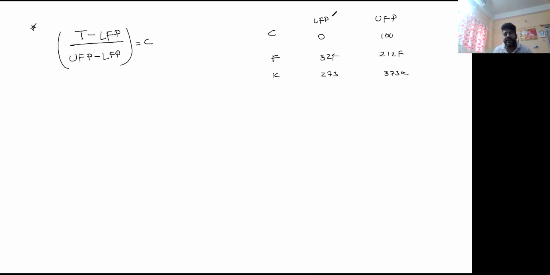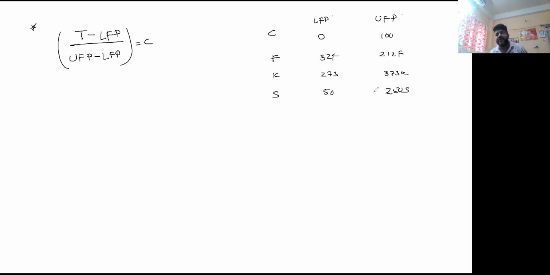Melting of ice is the lower fixed point, and boiling of water is the upper fixed point. Suppose a new scale is there, the Shom scale, where the lower fixed point is 50 Shom and the upper fixed point is 250 Shom.